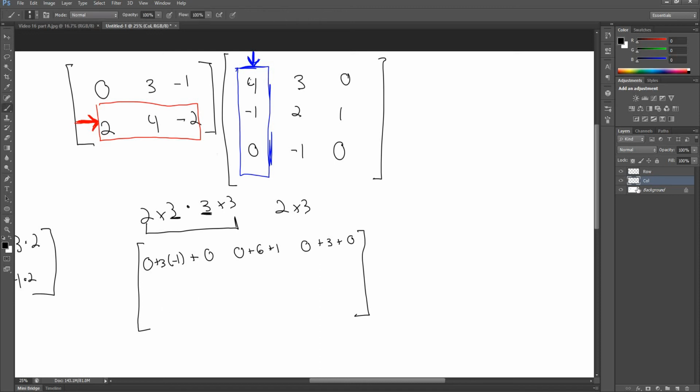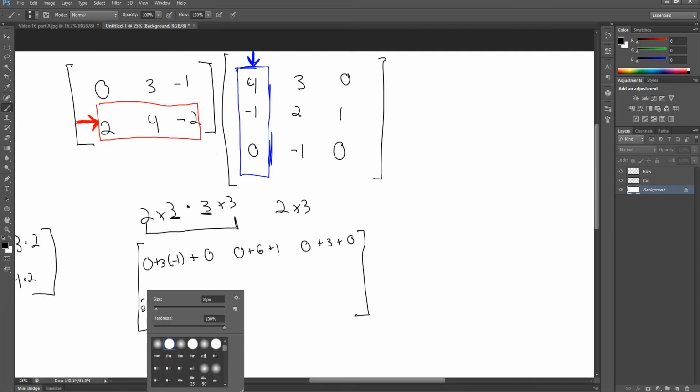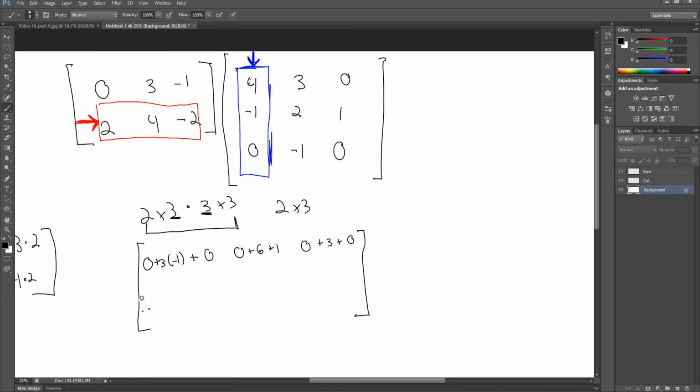So from here, let's make sure I'm in the right layer. I'm going to have 2 times 4, which is going to be 8. I'm just going to skip the multiplication and write it out. So this is 2 times 4 is 8, plus 4 times -1, so that's actually going to be minus 4.